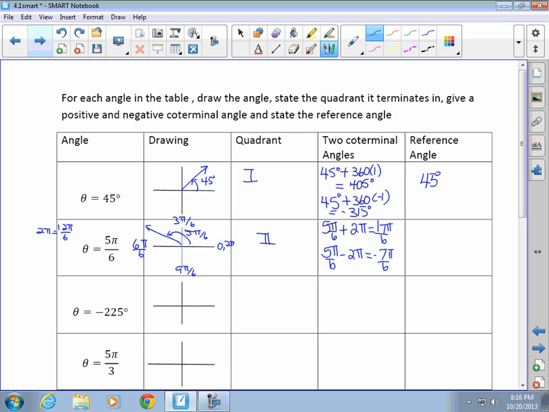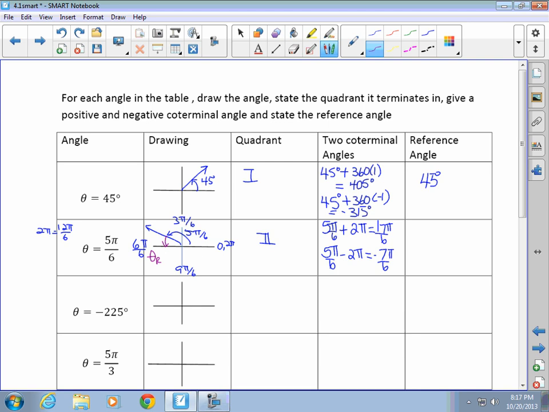Okay, my reference angle is the smallest angle between my terminal arm and my x-axis. Positive or negative doesn't matter. So the reference angle is right here, and the reference angle is written as theta r. My measure from my terminal arm to my x-axis is that little amount here.